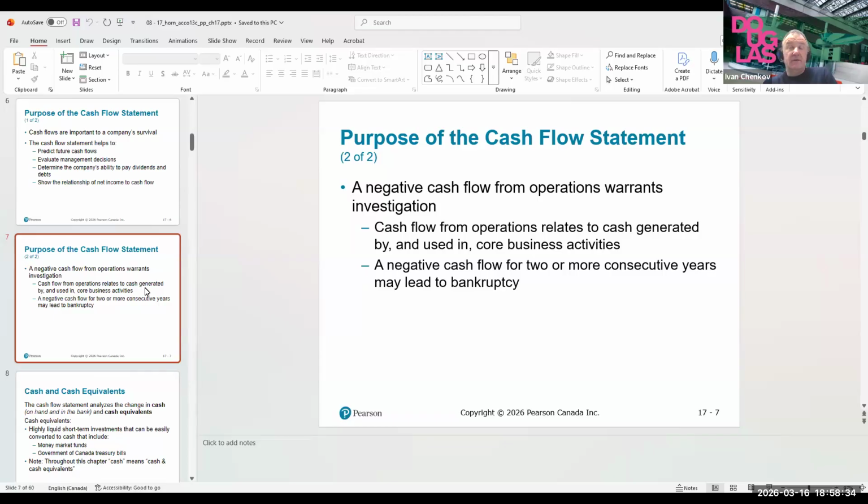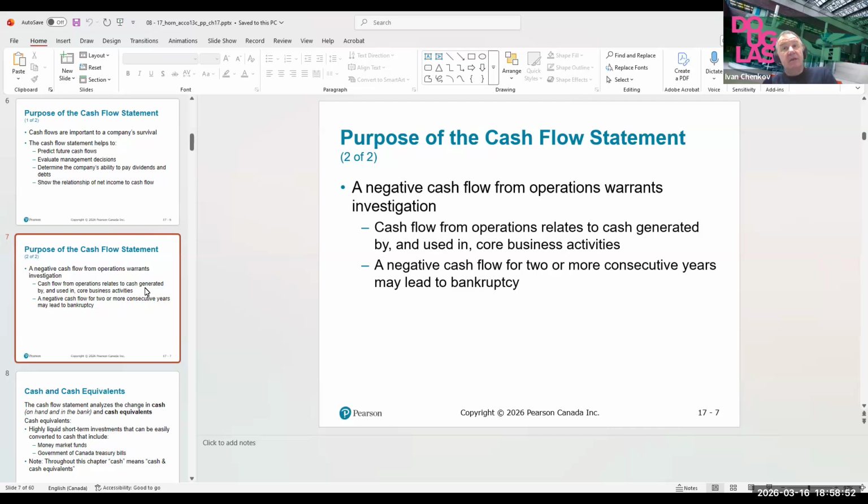But if they take a risk, then you have to pay them a high premium in terms of interest or dividends. So now, negative cash flow from operations warns that the company has a problem.